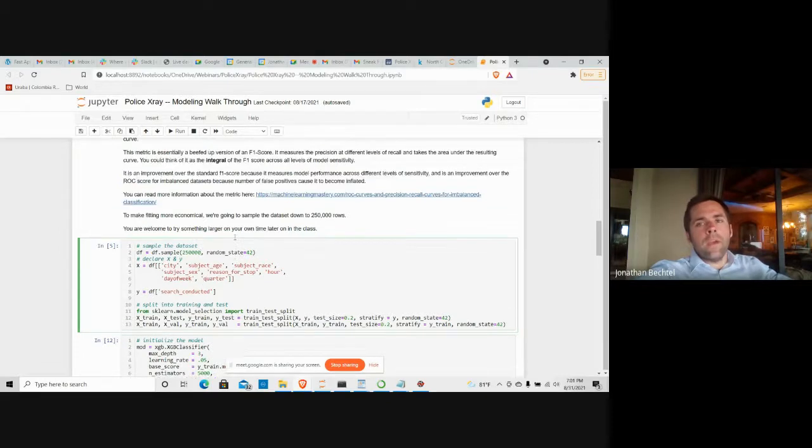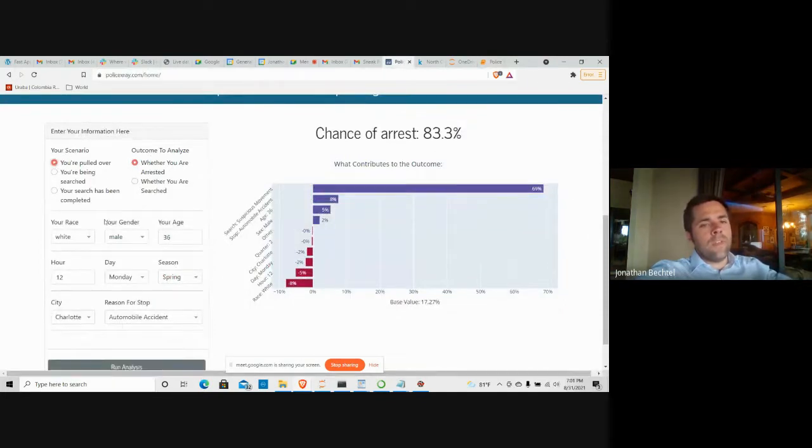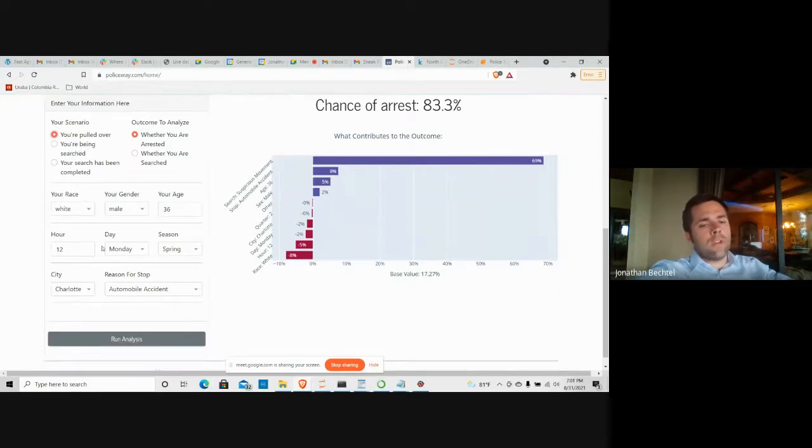Basically what we're doing here is, if you go over here, between the scenarios and the outcomes, there are basically 4 different ones you could potentially do. Each one includes different subsets of information. But this one is just the very beginning. So the idea is you're pulled over. You don't know if a search has been conducted yet or not.